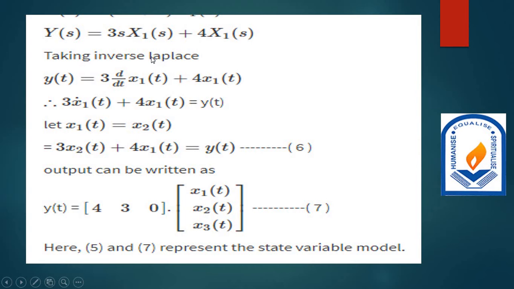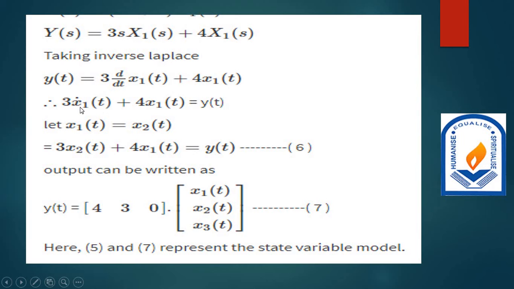We have to again take the Laplace inverse of this, because we have taken the Laplace inverse of the x term. Now this is the y term. So y of t is nothing but 3 times, since it is the s term, x1 dot of t, and directly we will write 4 into x1 of t. Similarly we have done for x1 of t.